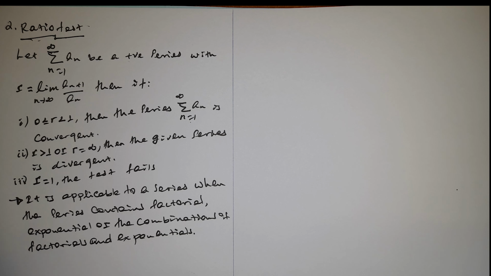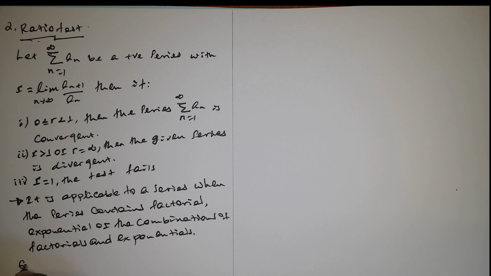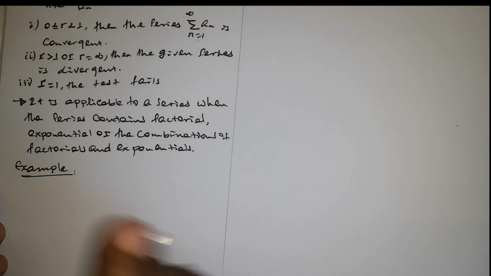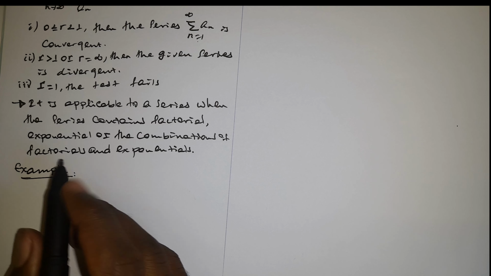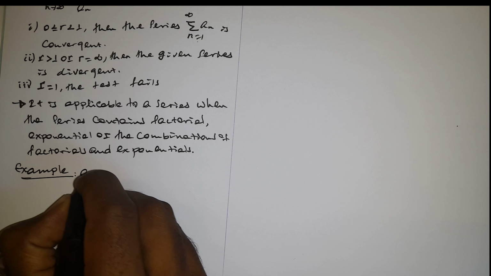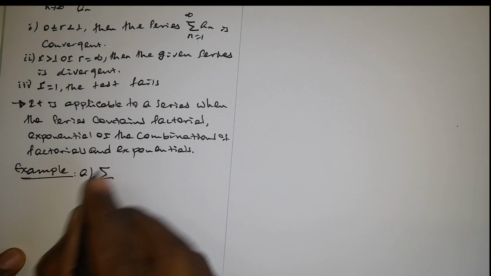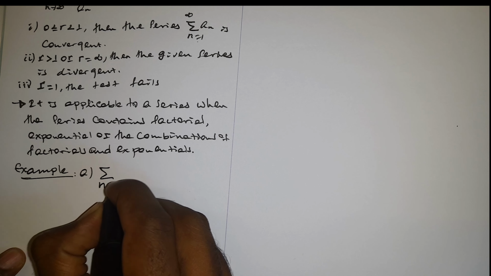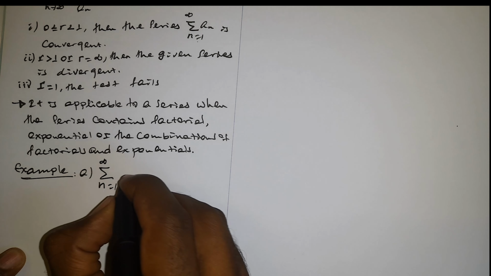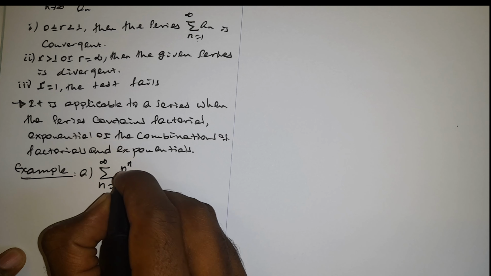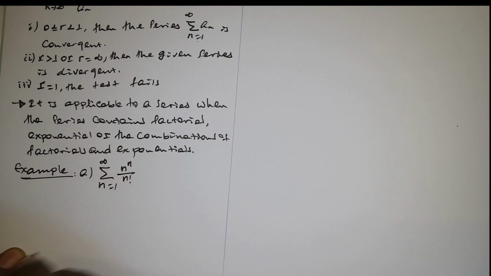For example, A: summation as n runs from 1 to infinity of n power of n over n factorial.